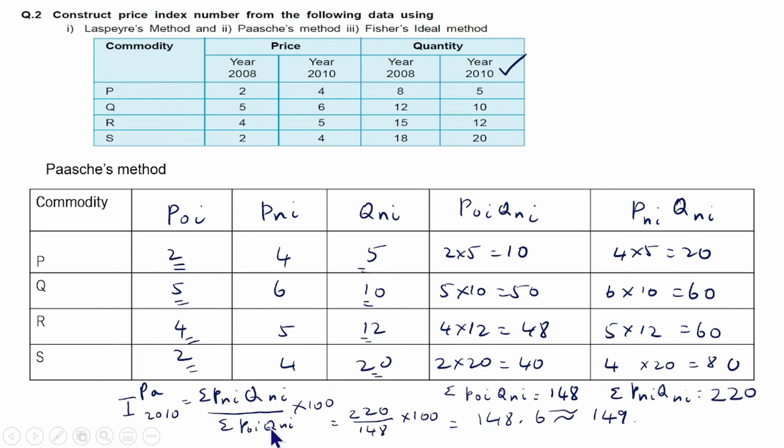Then summation P naught I Q n I will be 2 into 5 plus 5 into 10 plus 4 into 12 plus 2 into 20. So it is equal to 148. So 220 upon 148 into 100 is approximately equal to 149.